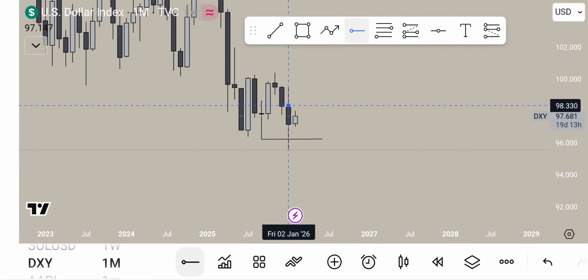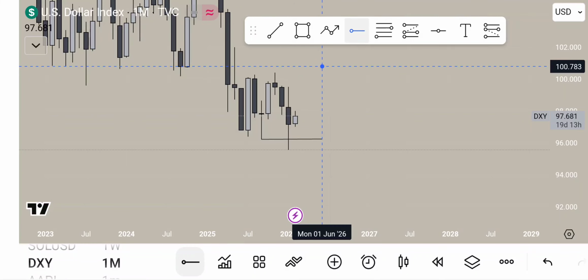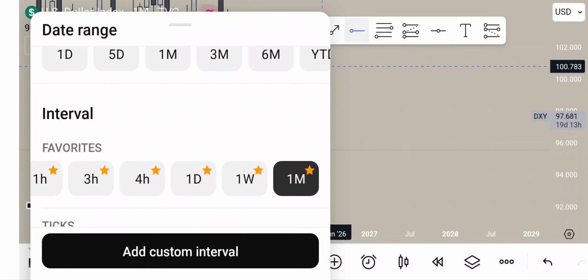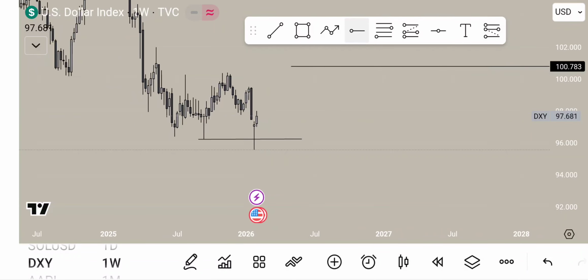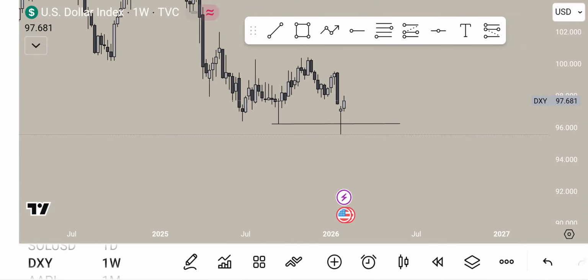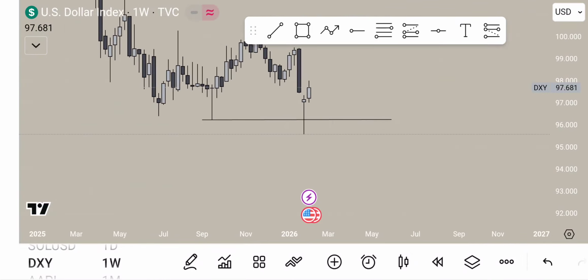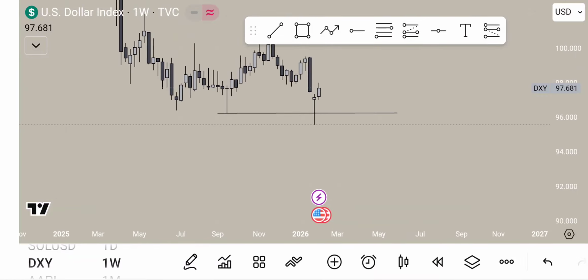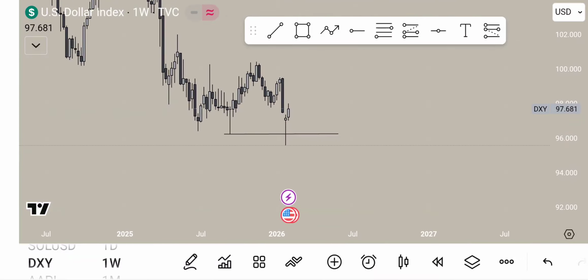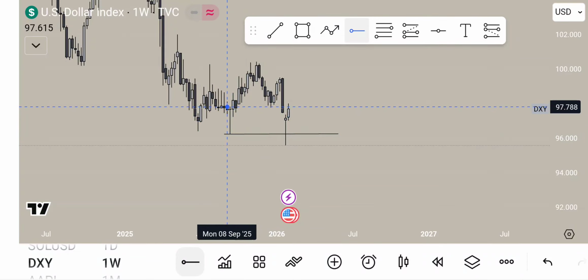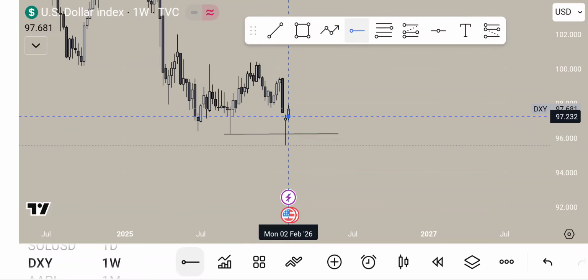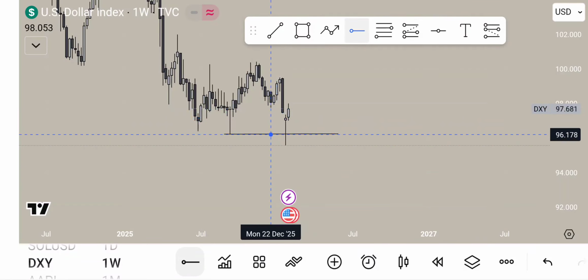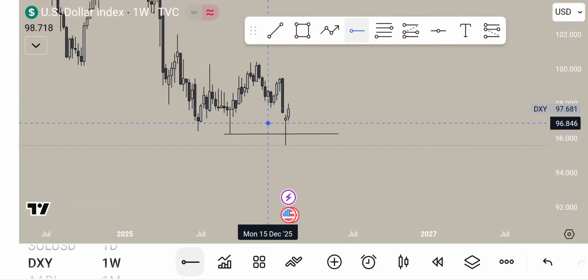What I expect for dollar now is to be looking for ways to sweep the sell side liquidity, which is located up here. So from there on, I drop to the weekly time frame and see what the weekly is telling me. In the weekly, we can see a very good sweep of liquidity here. We see this weekly candle, this contraction, or you can call it a pin bar.